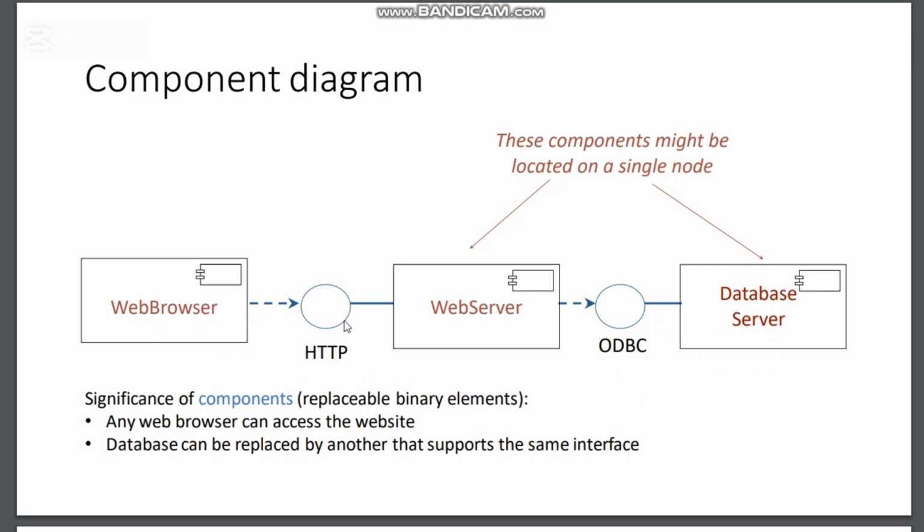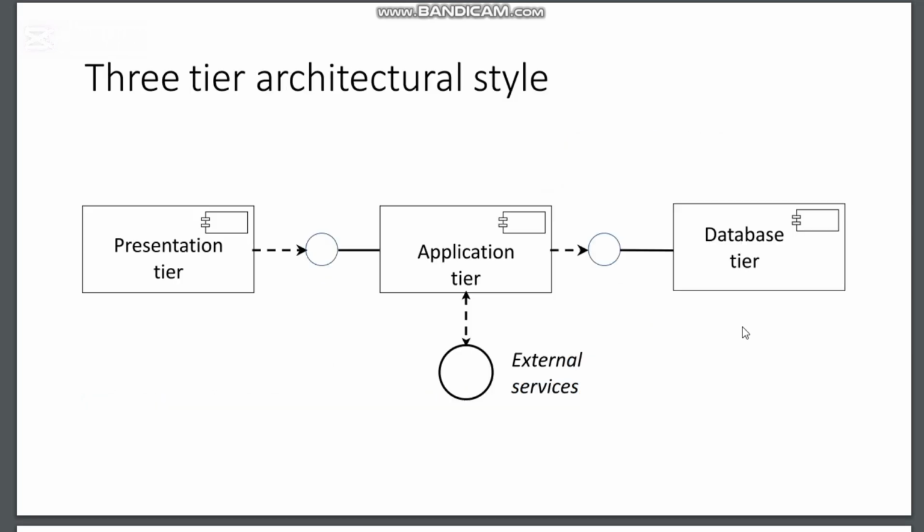So when there is a request, the web server takes the data from the database server and then completes the request. These components might be located on a single node as well. Any web browser can access the website. The database can be replaced by another that supports the same interface. So you can bring something else in place of the database which supports the same interface.